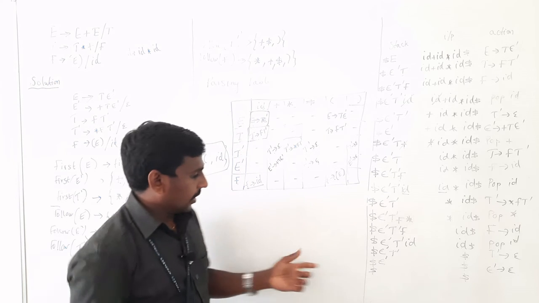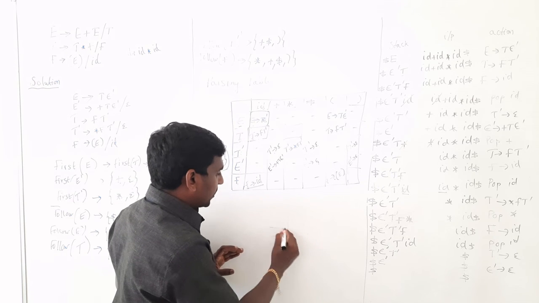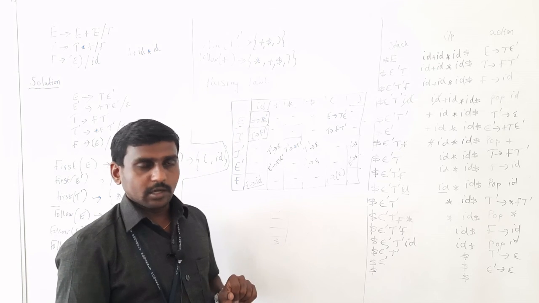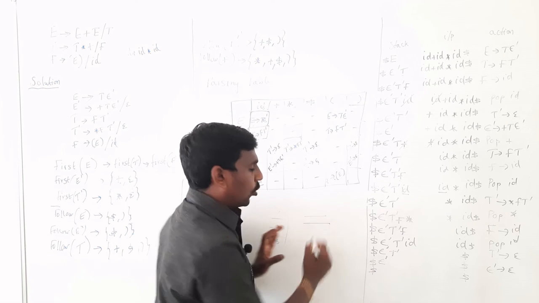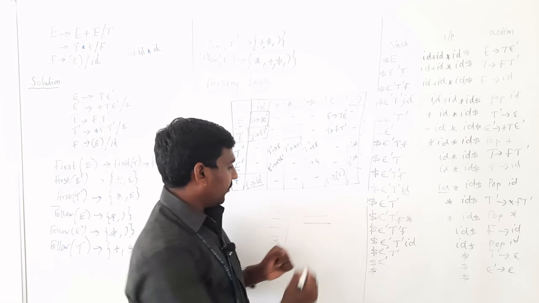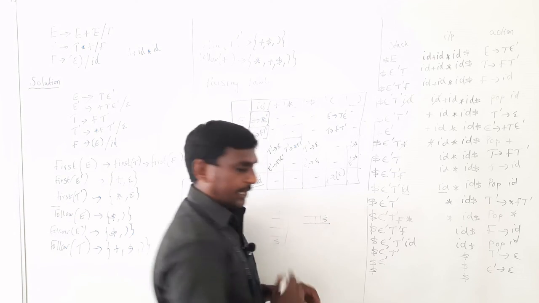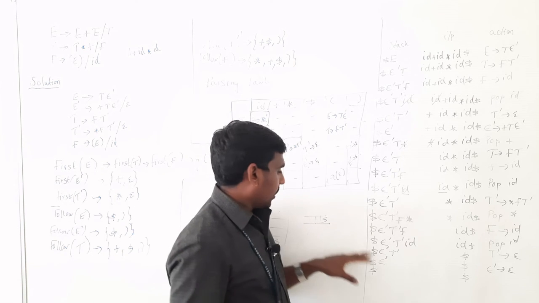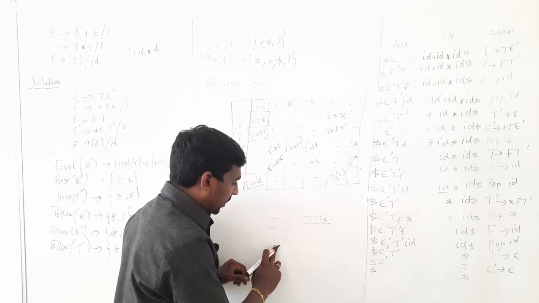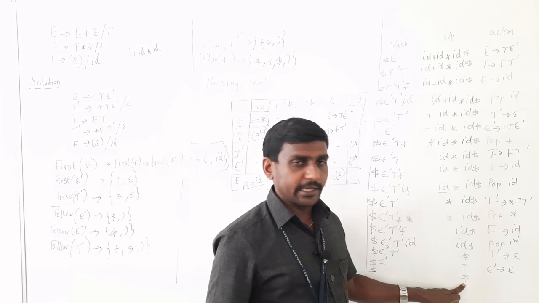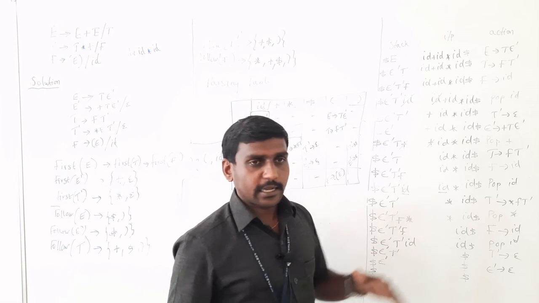That means in the stack we pushed variables and terminals, and finally we make it empty. Similarly, we pushed the input and finally we make it empty. So the stack is empty and the input is also empty. If dollar comes in both places, that means the string is accepted.